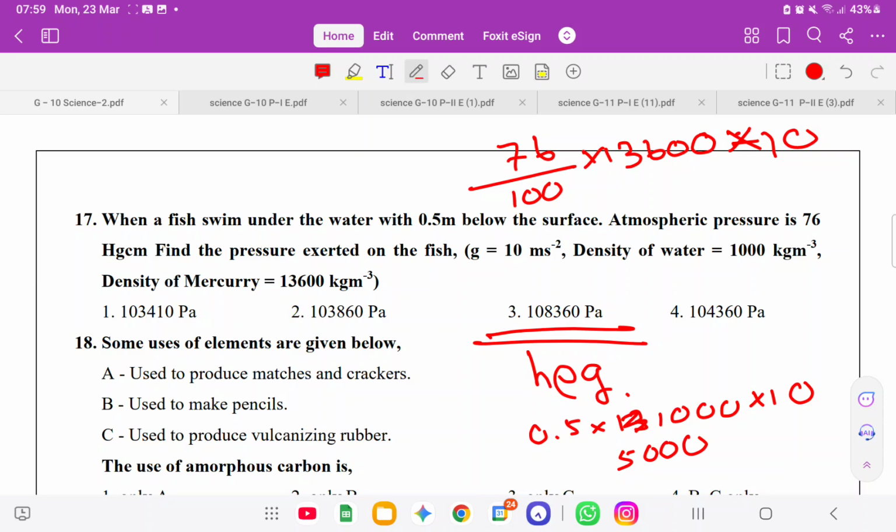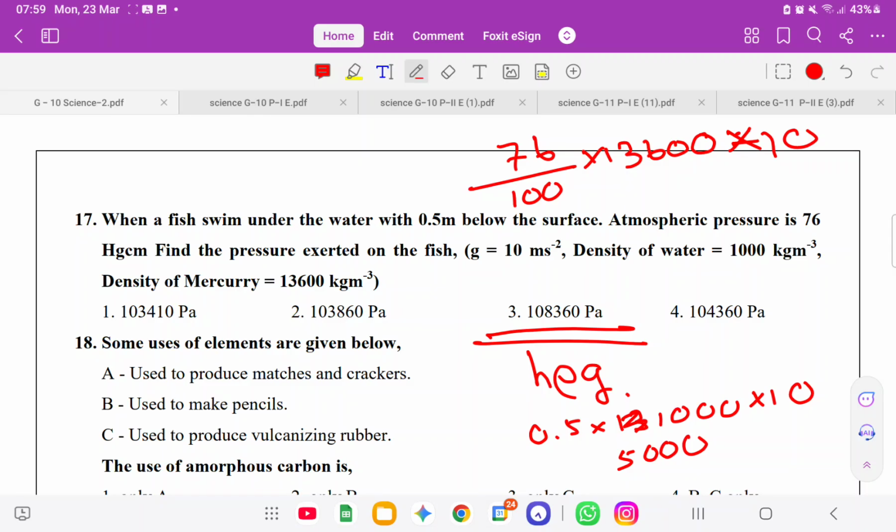Right, 0.76 into 13,600 into 10. Yeah, plus 5,000. Yeah, the third one is the answer.